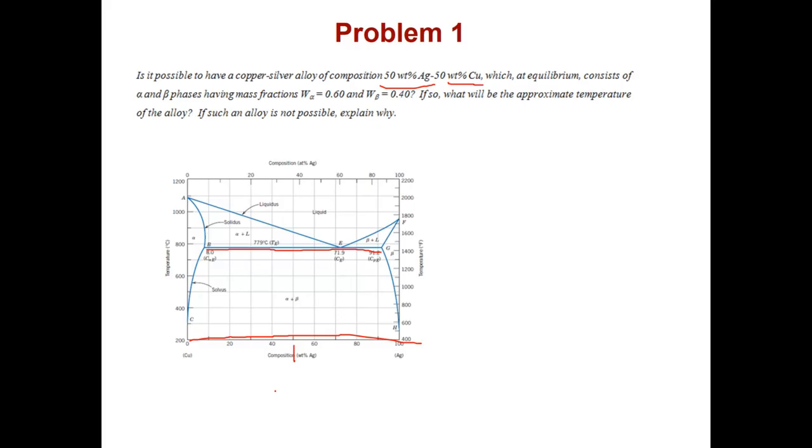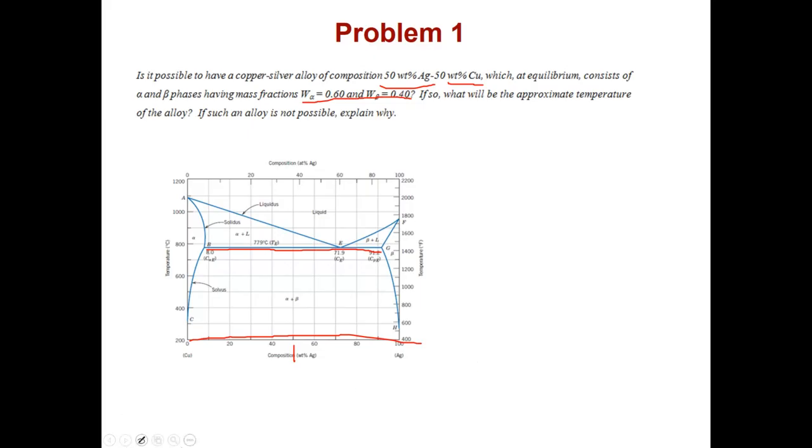What we need to do is to see what proportions of alpha and beta do we get in the two extremities, and if the proportion in question lies somewhere between the two extremities, then we can say that yes, it is possible to have this much of, say, alpha and beta, and then we will investigate to see at which temperature it will be resulted.